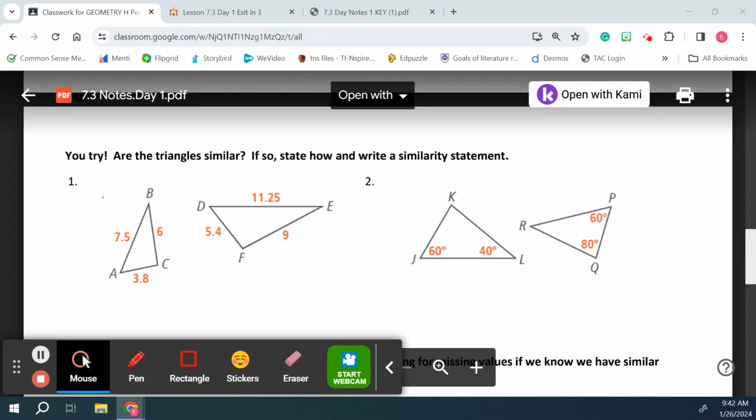If angle J is 60, P is 60 also, so far so good. L is 40, which means R is 40, that works too. And then K and Q are both 80, so we're good there. Questions?